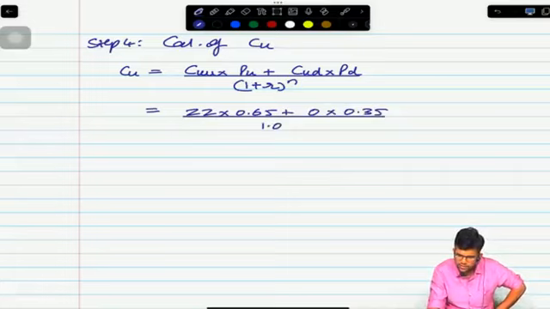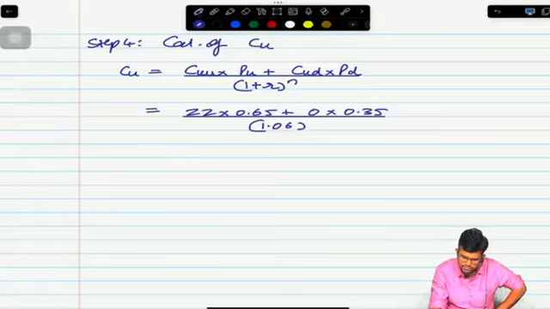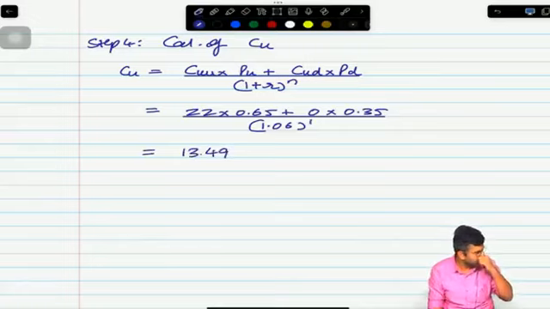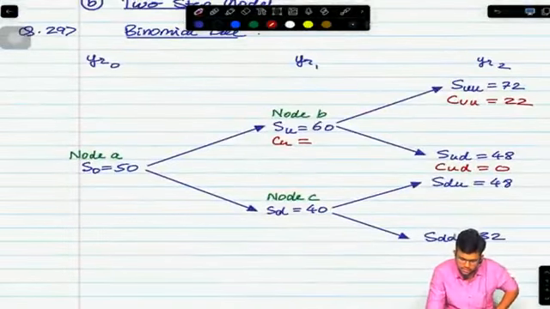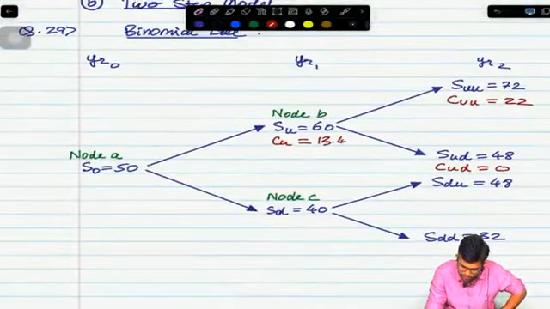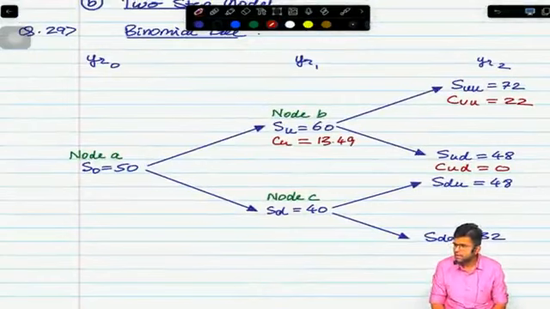Now what is the risk-free rate? 1.06 raised to 1. Get me the answer. 13.49. Everybody clear? So I'll write here 13.49. Node B clear. Now can I say I will replicate the whole thing for node C.